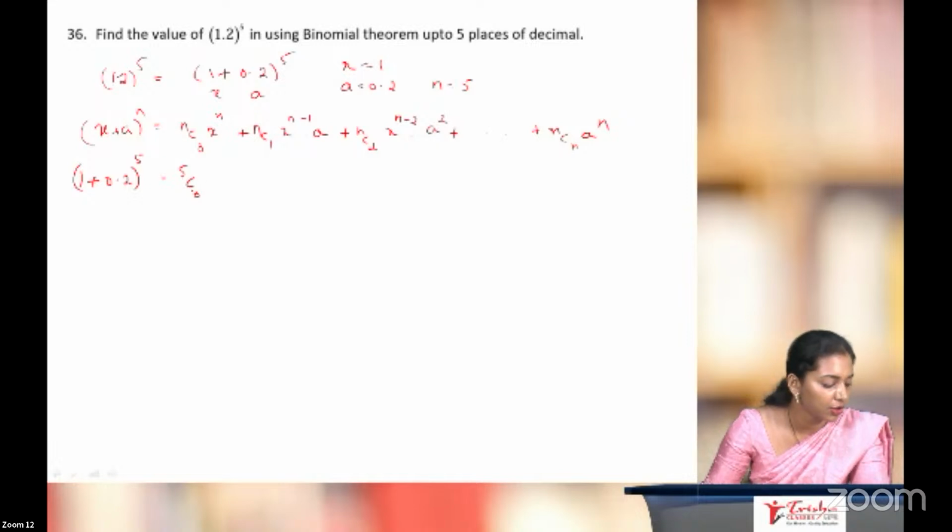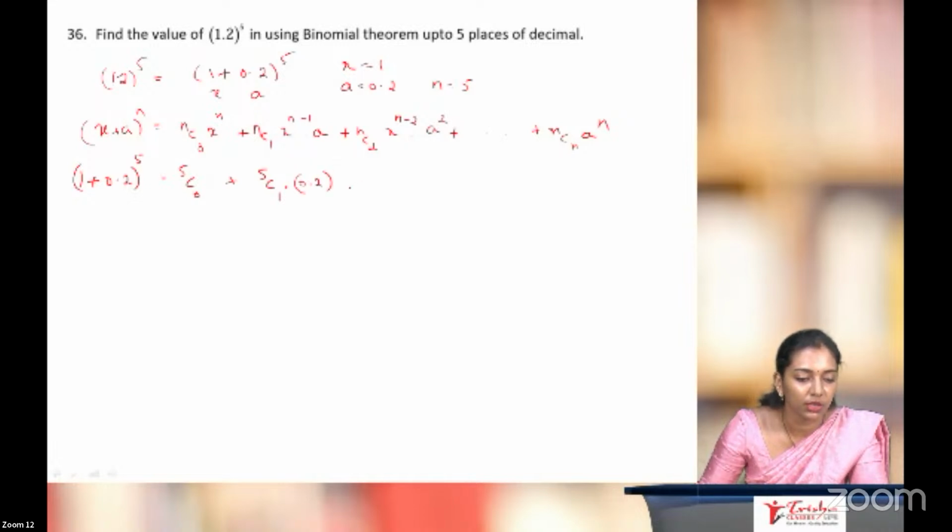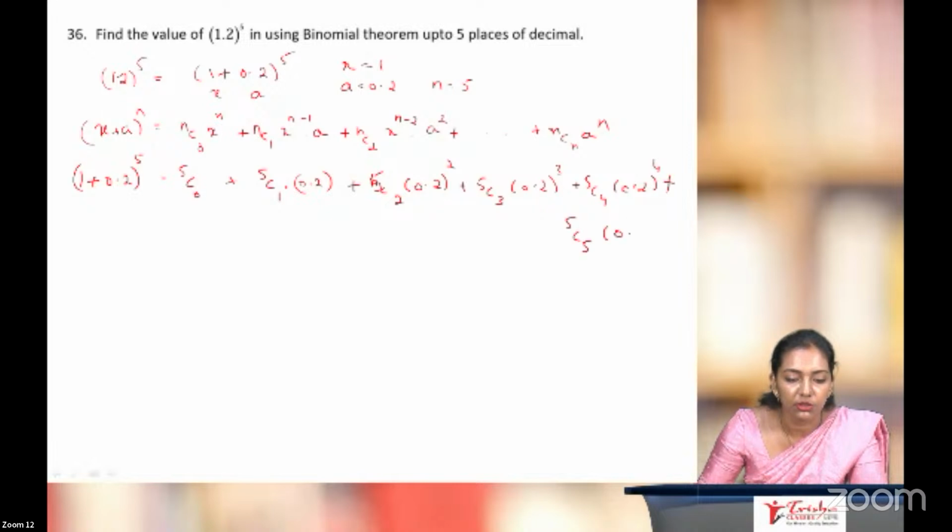It is just 5C0, or it is 1 actually, plus 5C1 into x, and 1 raised to the power anything is 1, so 0.2 to the power 1, plus 5C2, 0.2 to the power 2, plus 5C3, 0.2 to the power 3, plus 5C4, 0.2 to the power 4, plus 5C5, 0.2 to the power 5.